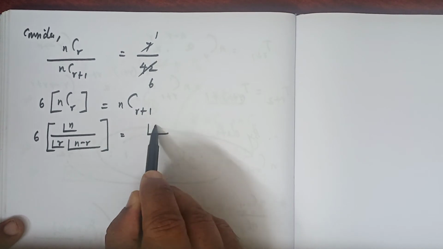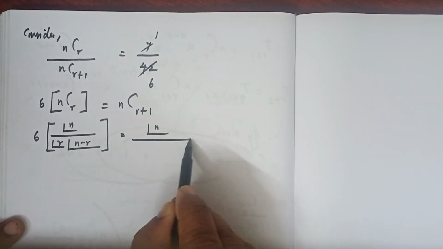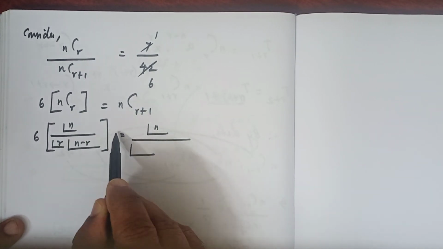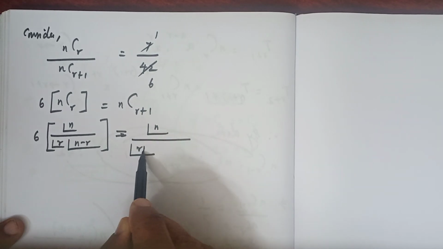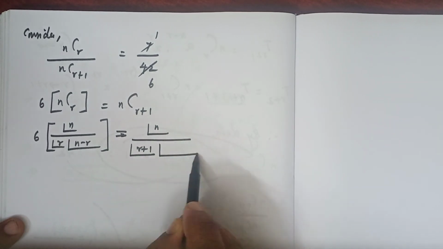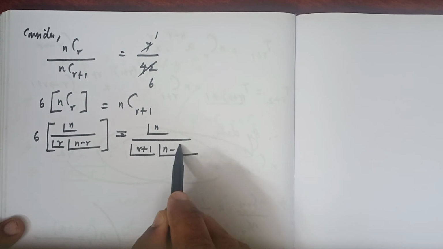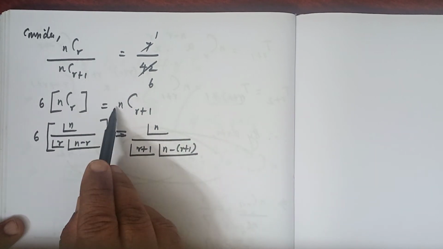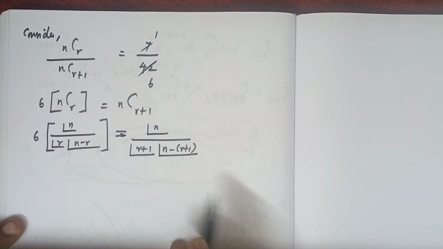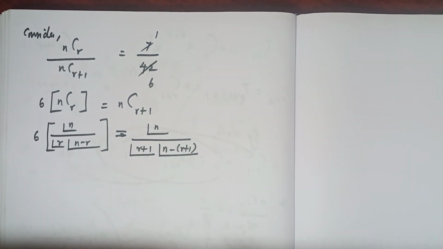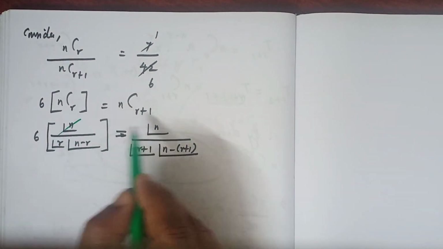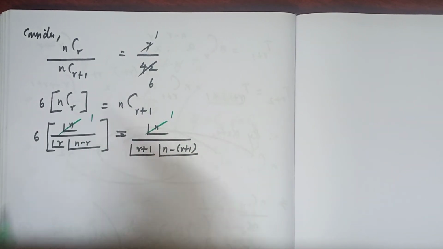So factorial prefix, that is n, divided by factorial r plus 1, that is suffix, into prefix minus suffix, that is n minus of r plus 1. Now we have to simplify. Before that, we can cancel that factorial n. So 1 here, here also 1.